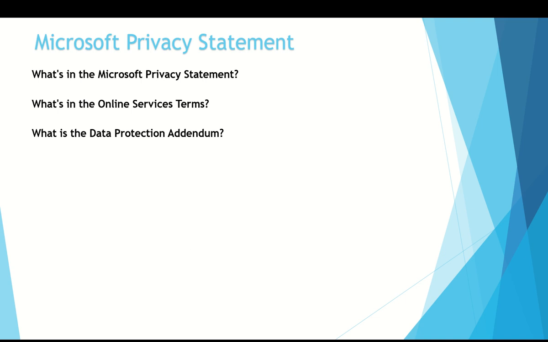About these, the first one is the Microsoft privacy statement. The Microsoft privacy statement explains what personal data Microsoft collects, how Microsoft uses it, and for what purpose. The privacy statement covers all of the Microsoft services, websites, apps, software, servers, and devices.